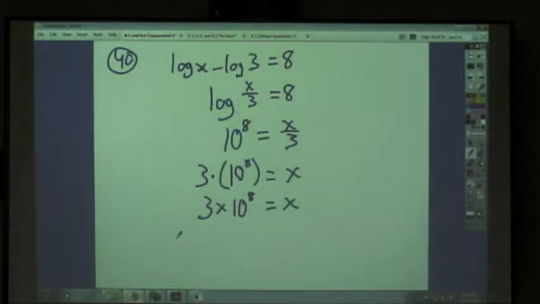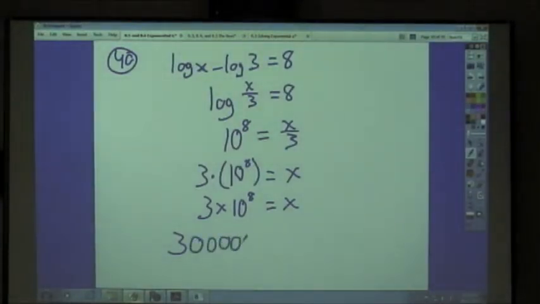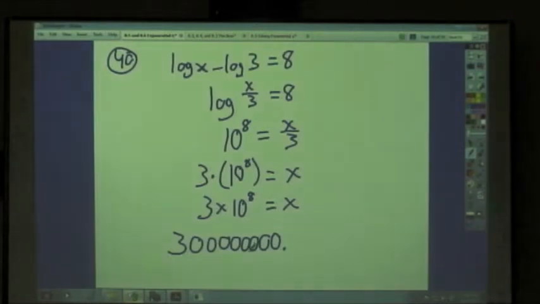Or you could take it and say 3 and move that decimal place over 8 places. So you're looking at 300 million will be your answer for this problem.